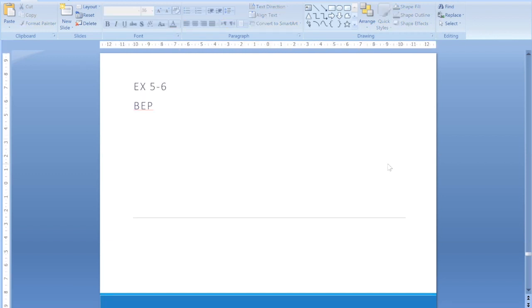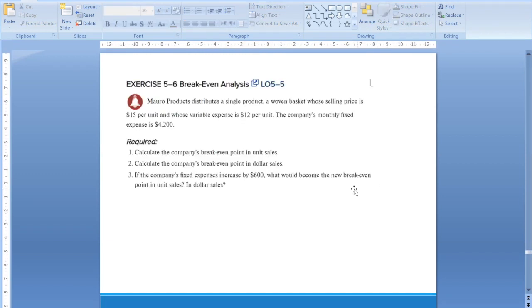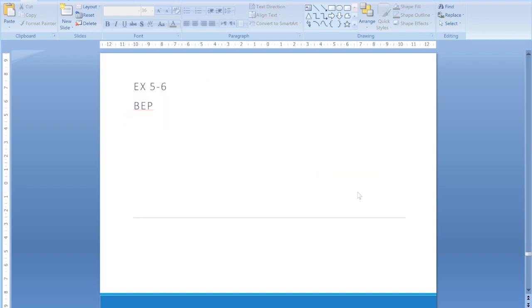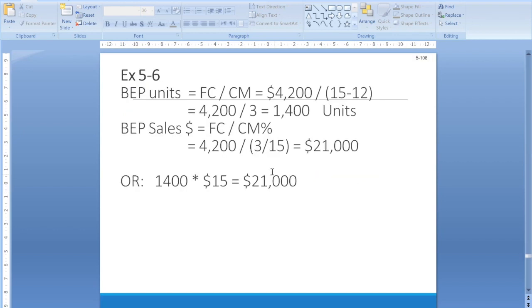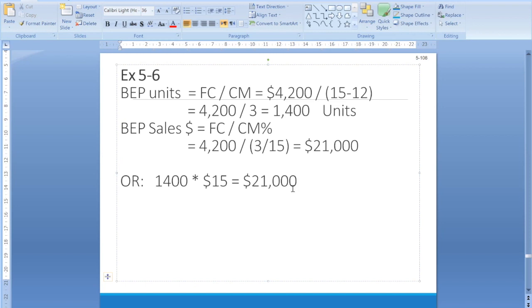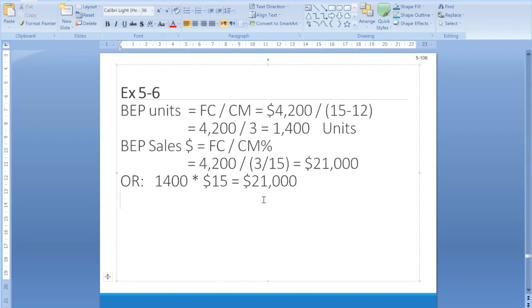Number 3, if the company's fixed expenses increase by 600, what would become the new break-even point in unit sales and dollar sales? Again, we can use the formula method or the equation method.